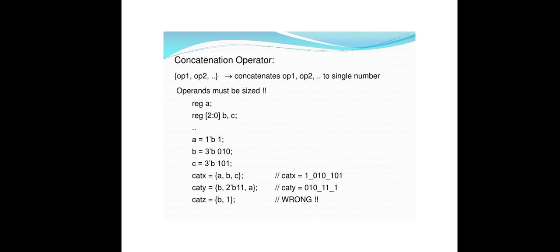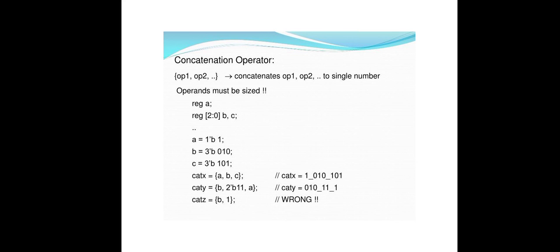Now next is the concatenation operator. The concatenation operator works on single or multiple operands, and the curly brackets are the important part of the concatenation operator. Now for example, registers a, b, c are given here.